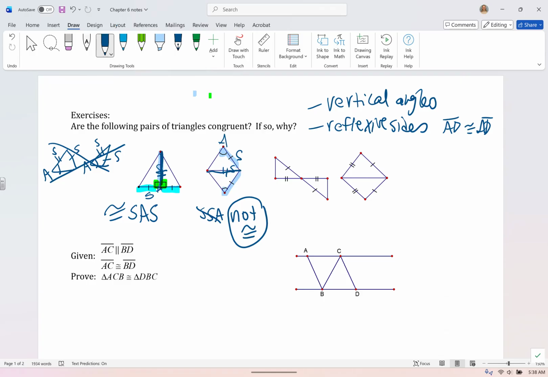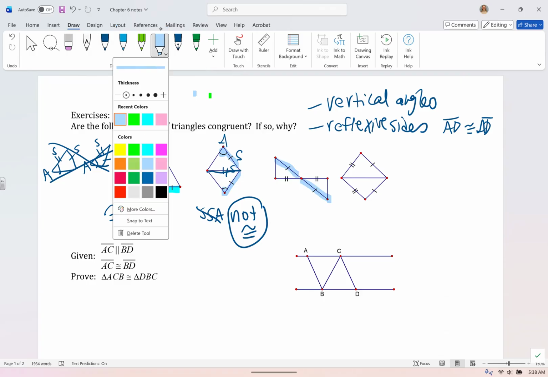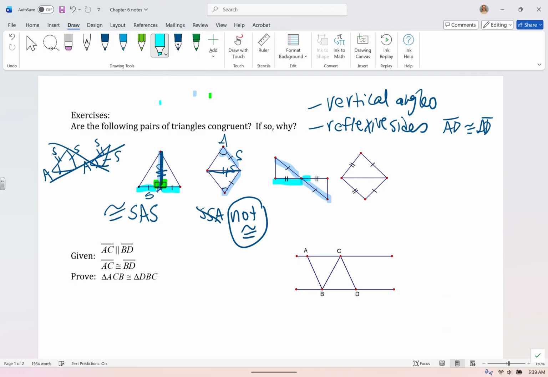This one right here, notice we know this side matches this one here, this one right here. They match each other and there's nothing else. Well, yes, there is. We can always see vertical angles. So this angle here matches this angle right there. So we've got side and the angle in between them. So that spells side angle side. There's two sides and the included angle in between them has to be congruent.